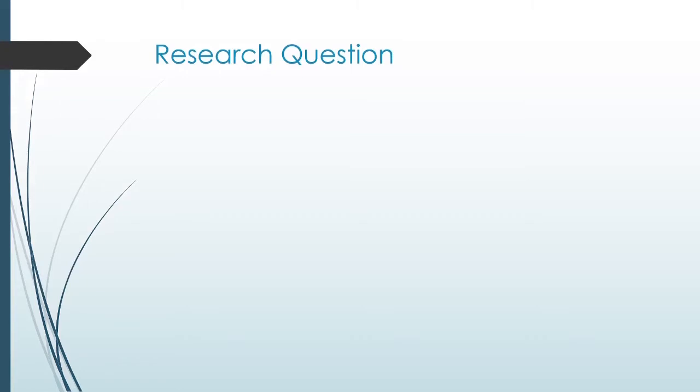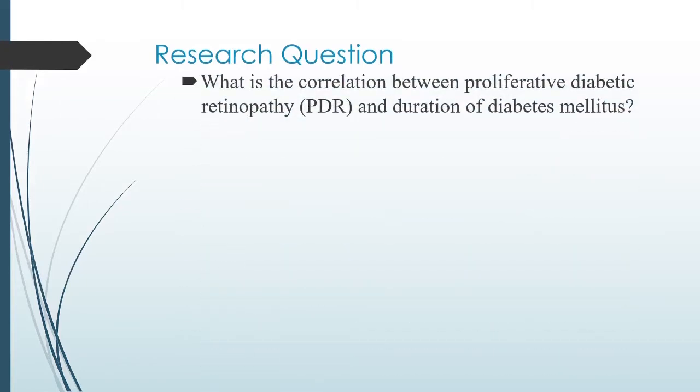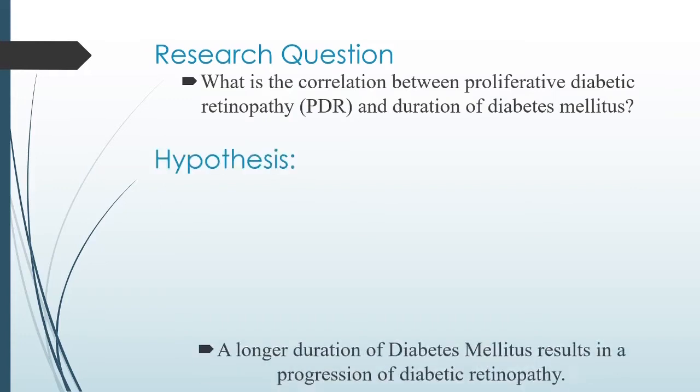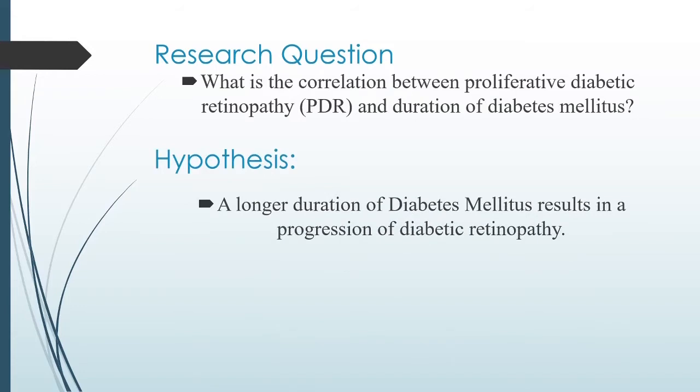The research question was, what is the correlation between proliferative diabetic retinopathy and the duration of diabetes? The hypothesis was that a longer duration of diabetes results in a progression of diabetic retinopathy.